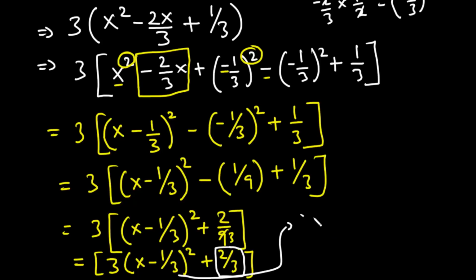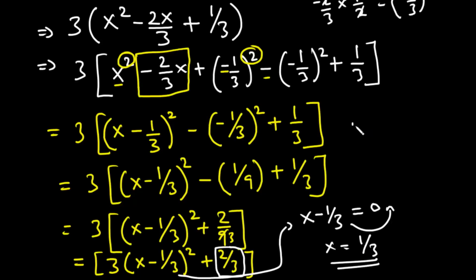So x minus 1/3 is equal to 0. And then we transpose -1/3 to the right hand side, so it's going to be positive 1/3. So x is equal to 1/3. So the minimum value is 2/3, and then it occurs at x is equal to 1/3.